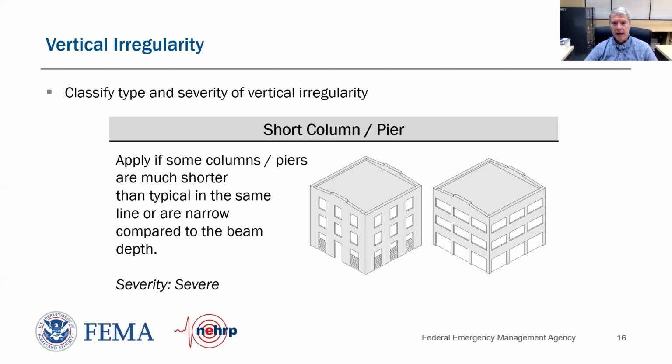If we have what we call a short column or pier vertical irregularity, here we have 2 examples of buildings. On the right is an illustration of a building that shows we have some columns and large spandrel beams framing into them.